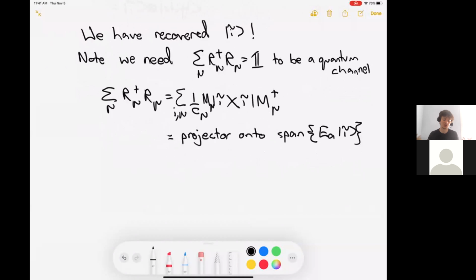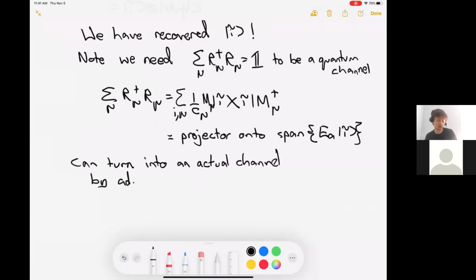What does that mean? Well, it's not the identity, so we're not quite done, but we can turn it into an actual quantum channel by adding just one extra Kraus operator. You can call it R0, just going to be a projector onto the orthogonal complement of that subspace.